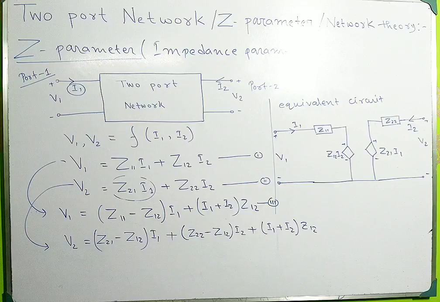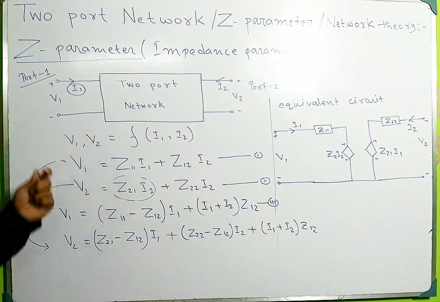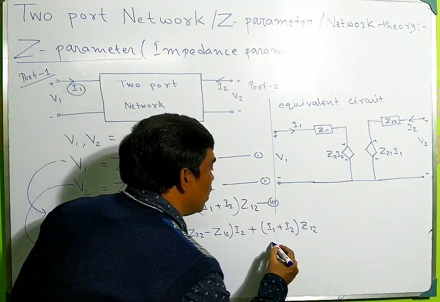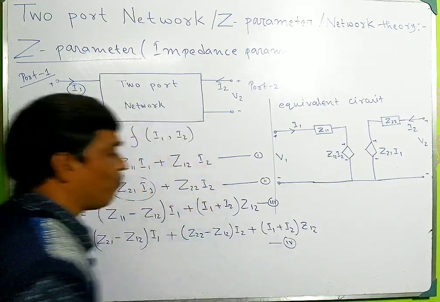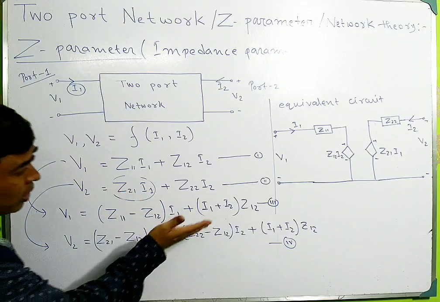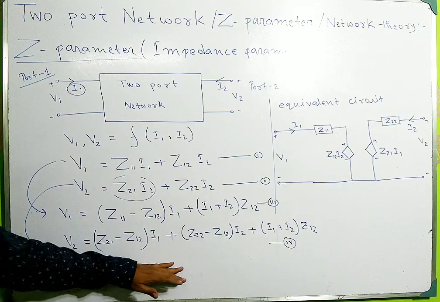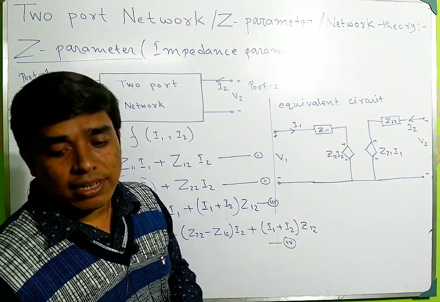In this way you can rewrite equation 2, so it becomes equation 4. Now using equations 3 and 4 you can develop an equivalent circuit.